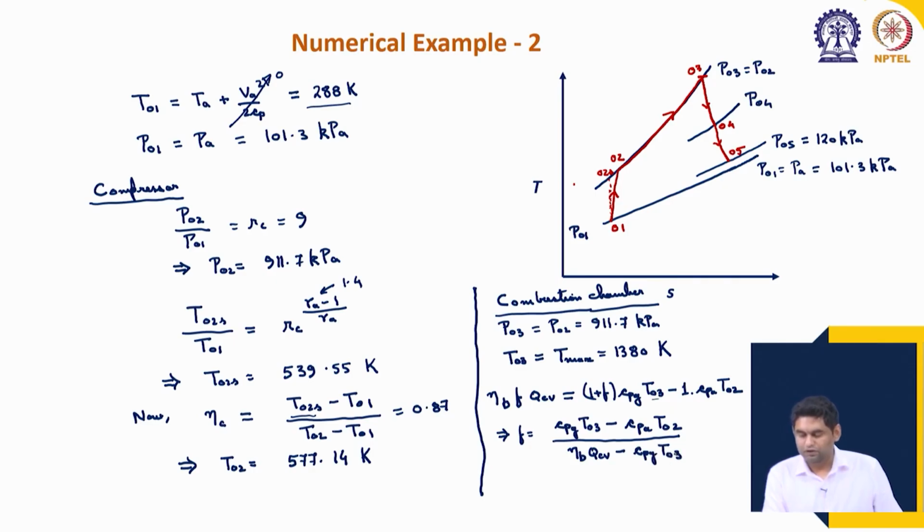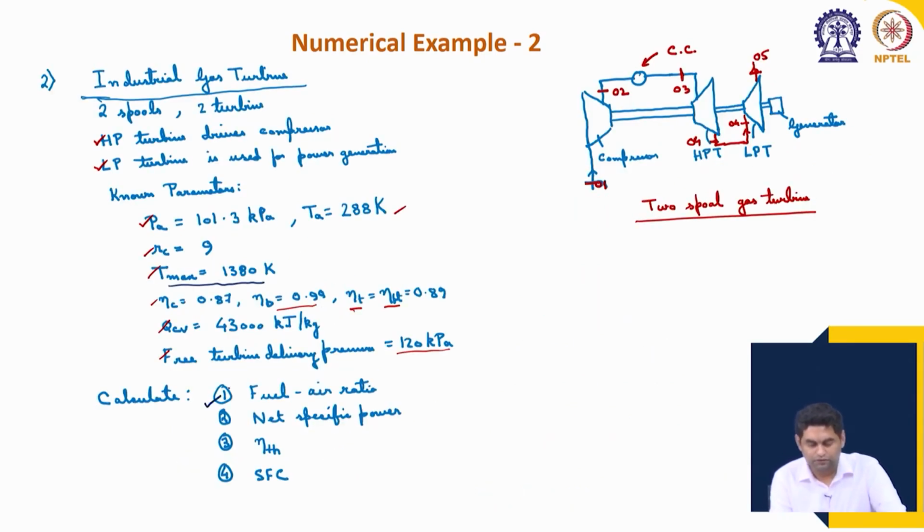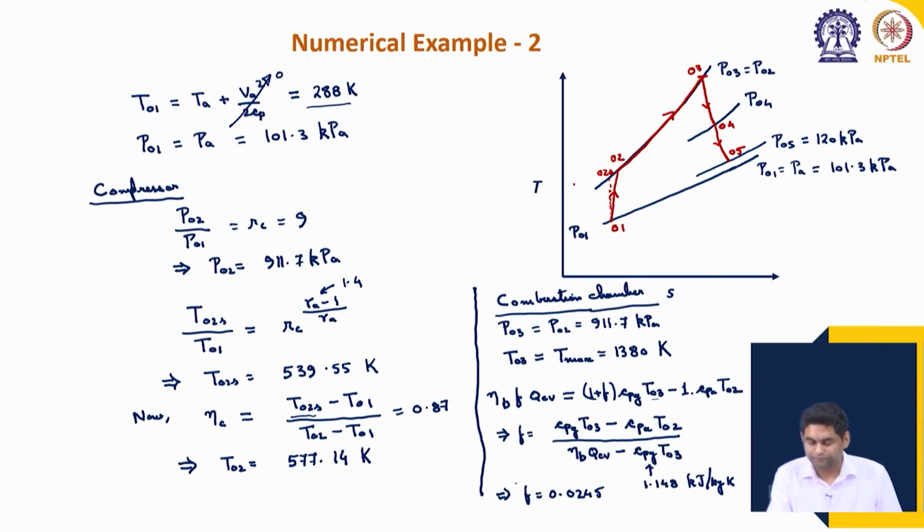Okay, all the values are known, T03, T02, Cpg, Cpa and eta B. So, just for reference I am writing that Cpg is equal to 1.148 kilojoule per kg Kelvin. This is the value which we will use throughout the course, right. So, this comes out to be equal to 0.0245, which is again a reasonable value for a practical system, around 40:1 or slightly larger than 40:1 air fuel ratio. Okay, so, this is one of the answers. So, one question was that what is the fuel air ratio? Fuel air ratio is 0.0245.